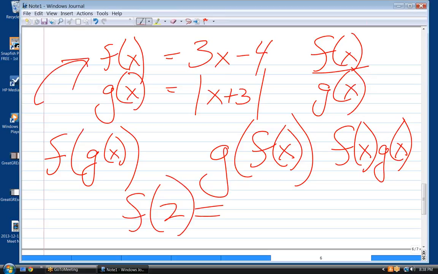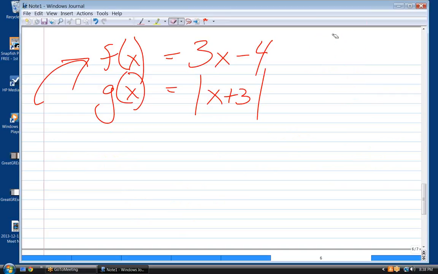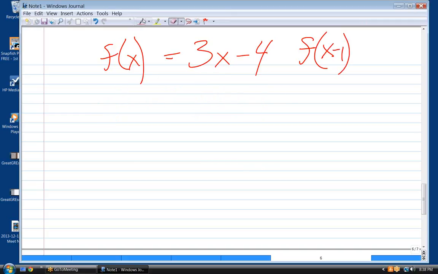And the g of x function doesn't have anything to do with it. If they would have said also, what is g of 2? What is g of 2? G of 2 would be 5. Okay. What is f of x minus 1? F of x minus... Remember what I said? Whatever's in the parentheses, plug in for x.